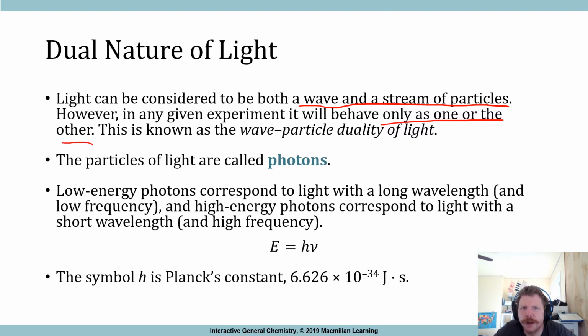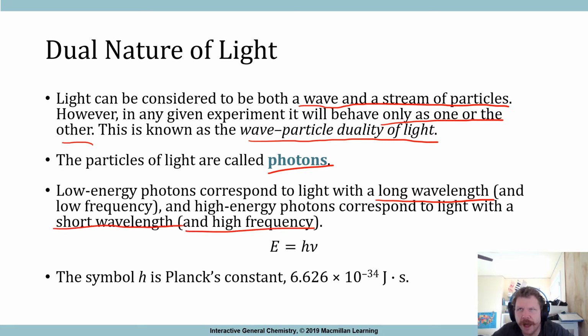This is known as the wave-particle duality of light. The particles of light are also known as photons. Low energy photons correspond to light with long wavelengths and low frequency. High energy photons correspond to light with a short wavelength and therefore a high frequency.